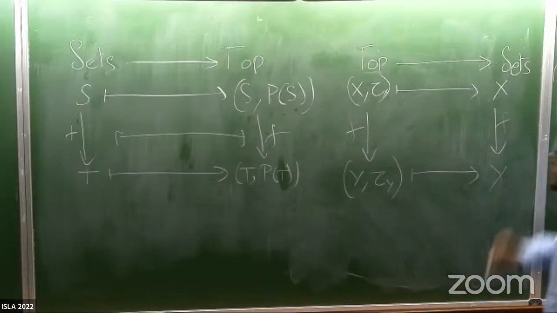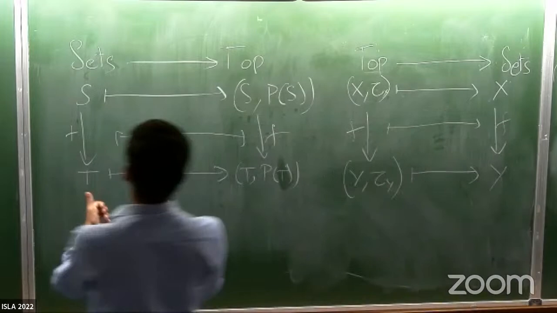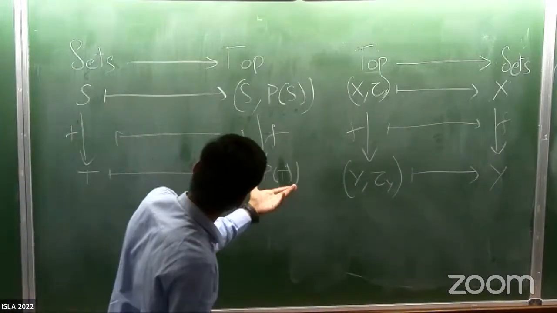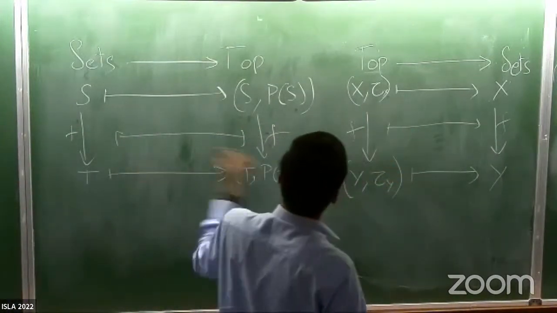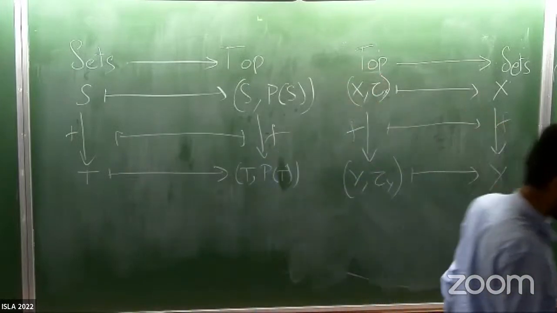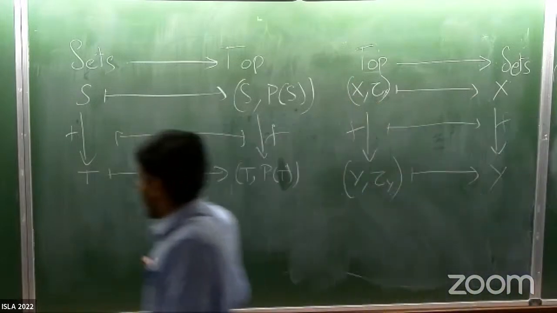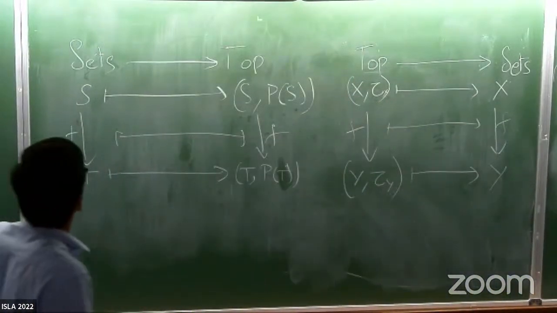So this is a valid functor. One is making a topological space from a set, and the other is doing, in some sense, the opposite of it, taking a topological space and giving you X. And these are things which happen a lot of times in mathematics, as we will soon see in examples.